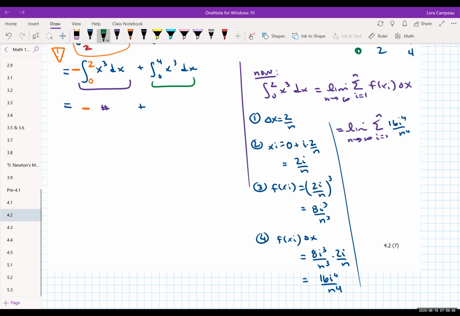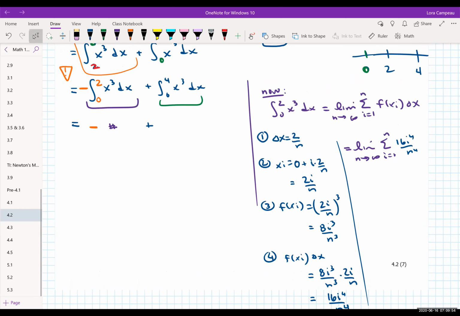So I'm going to let you play with that, see what you come up with, and then you're going to start to appreciate, oh, there's this fundamental theorem of calculus going on. I believe we should get 60 when we're done, by the way. So we're going to get a negative number plus another number, whatever it happens to be. I'm going to let you play with that because you can practice. But I'm pretty sure we're supposed to get a 60 if I'm using the fundamental theorem of calculus. Come back and check with me. Let me know.